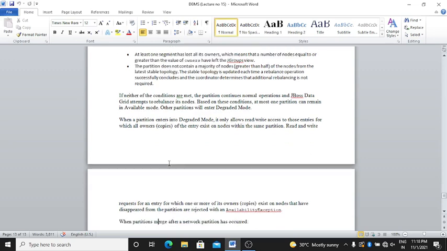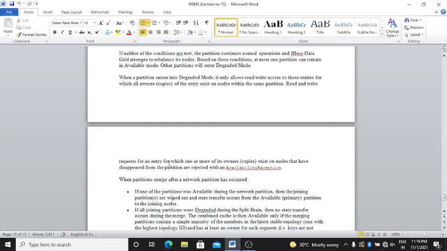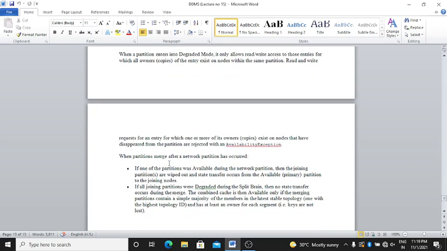Requests for an entry for which one or more of its owners exist on nodes that have disappeared from the partition are rejected with an availability exception.